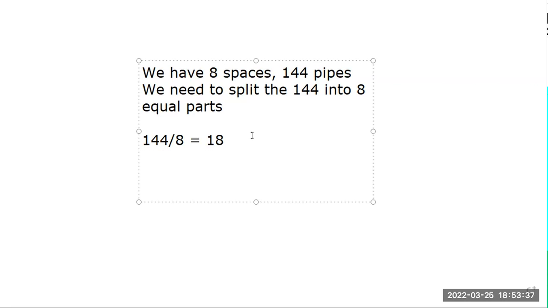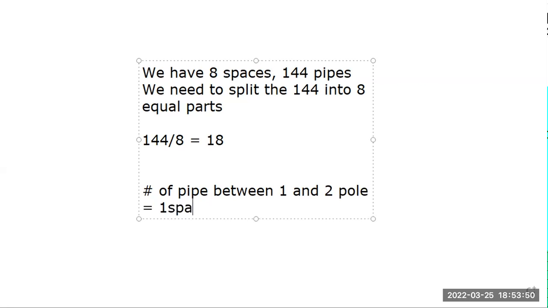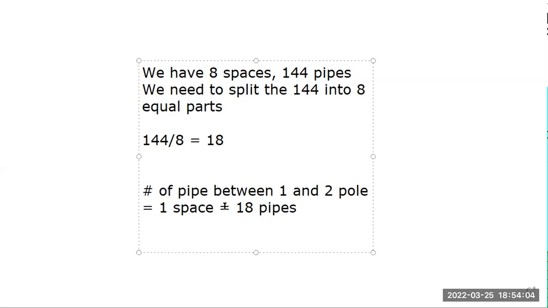They wanted the number of pipes between the first and second pole, so that's equal to how many spaces? 1 space. 1 space would be equivalent to 18 pipes. What is the length of 1 pipe? The length of 1 pipe given in the question would have been 7 meters.